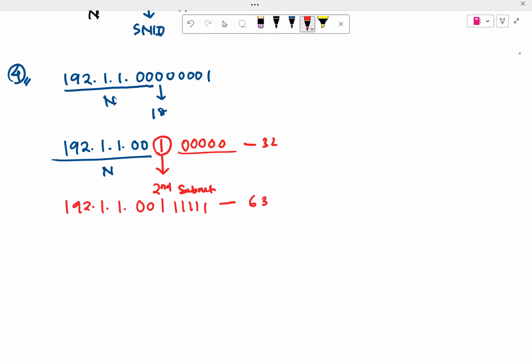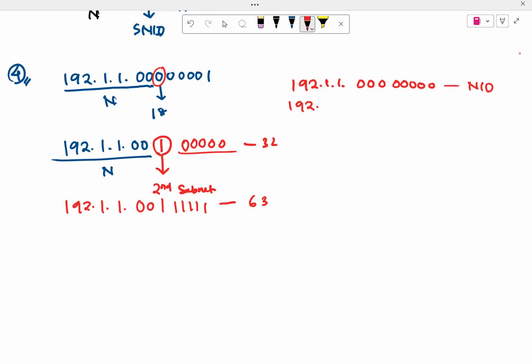Similarly, if I have to find the network ID of the first subnet, then I'll keep the subnet ID as 0 because it is the first subnet. So 1.1.000, then put all 0. This is the network ID.